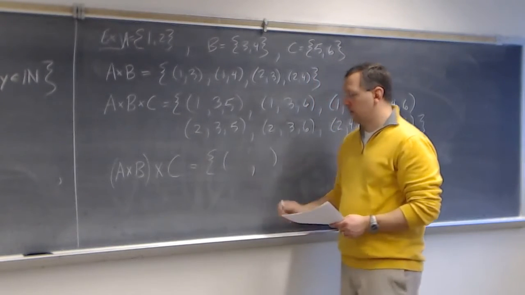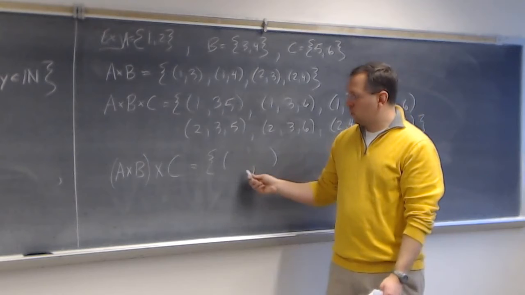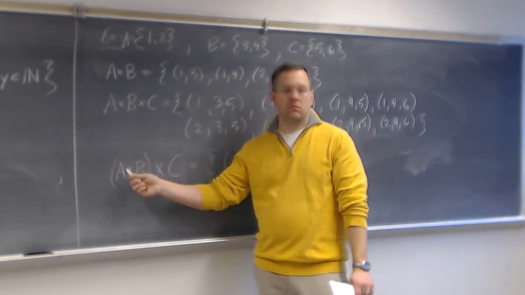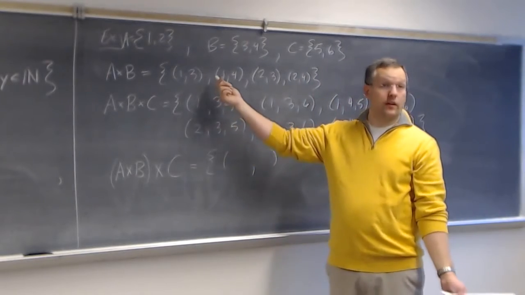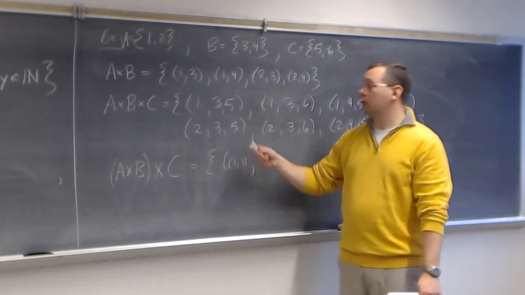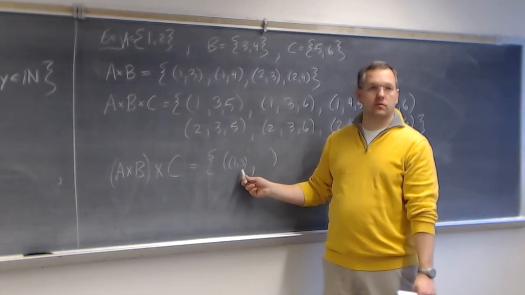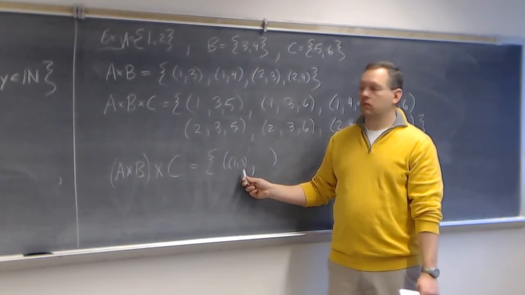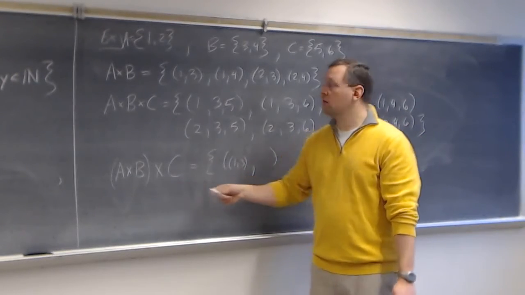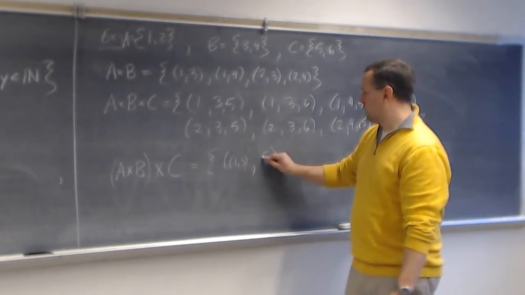All the things inside are ordered pairs. The first coordinate comes from A cross B, so it's actually a point. For example, (1, 3) could be the first coordinate of this ordered pair. And then the second coordinate just has to be anything from C, so it could be 5, for example.